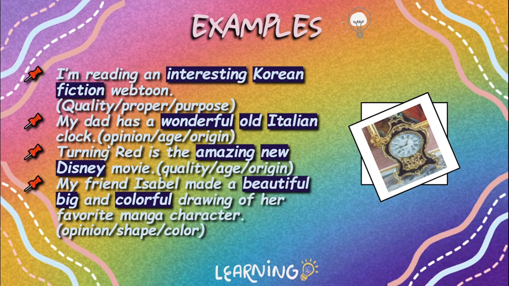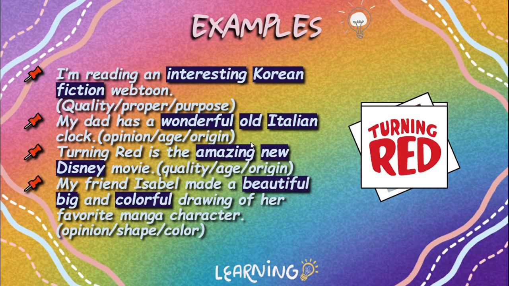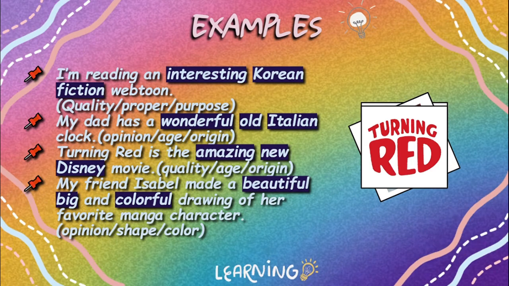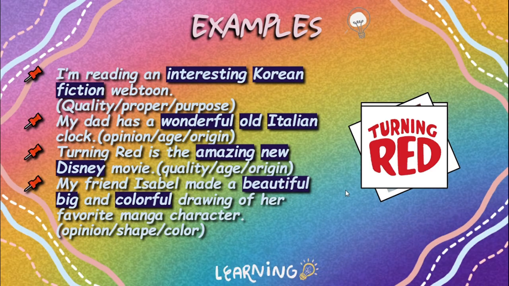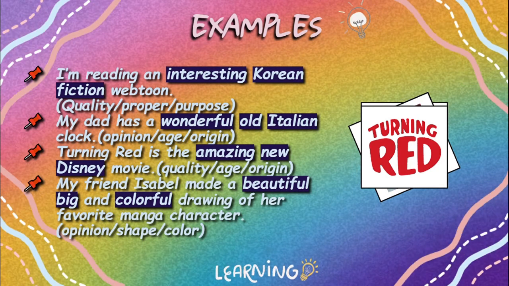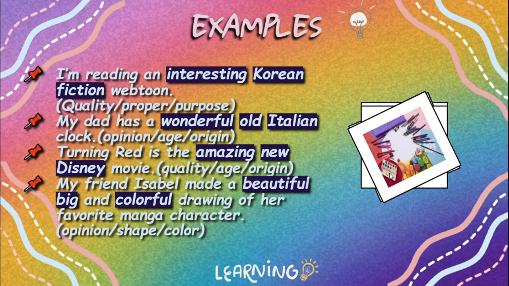The adjectives are in this order: opinion, age, origin. Turning Red is the amazing new Disney movie. I love this movie. My friend Isabel made a beautiful, big and colorful drawing of her favorite manga character. She is a good drawer.